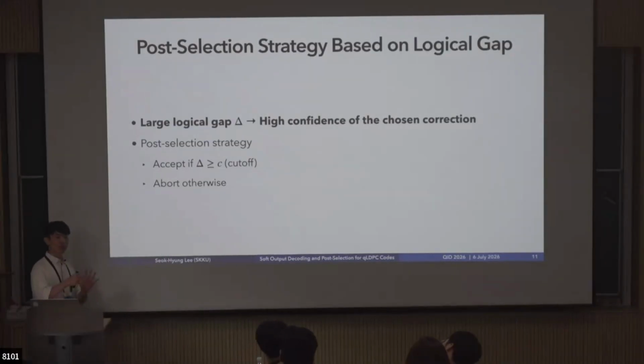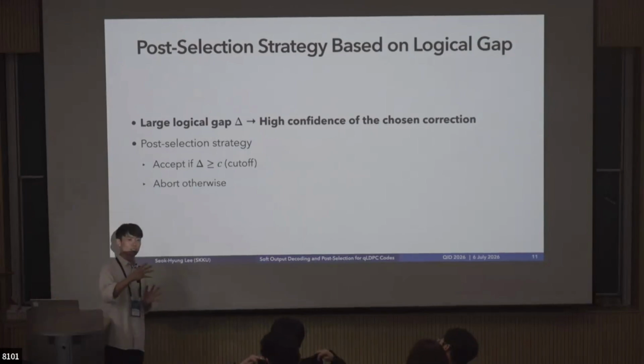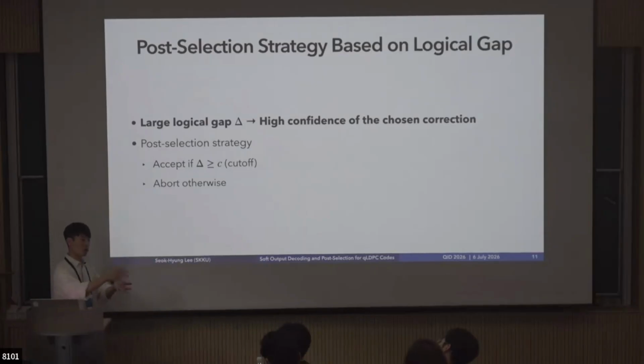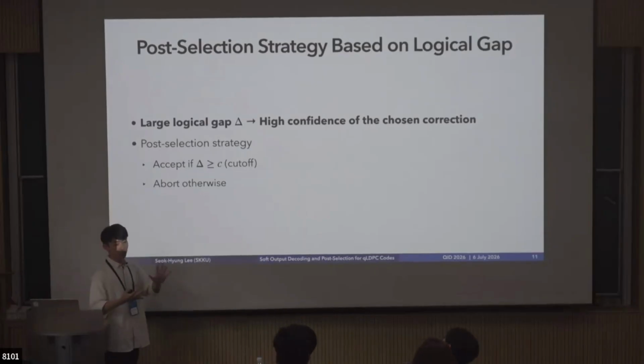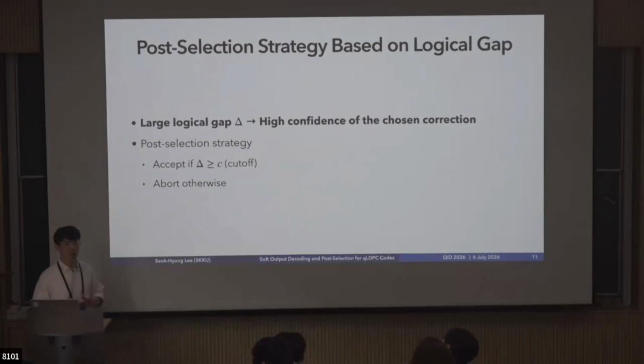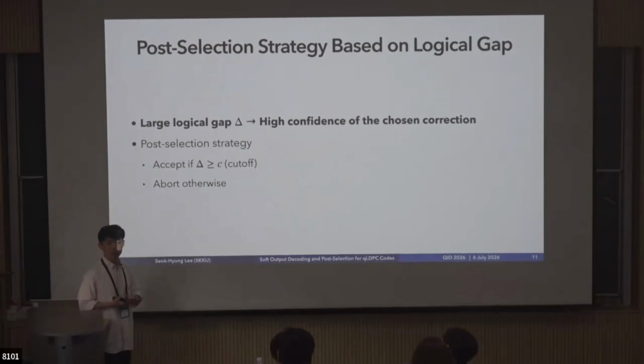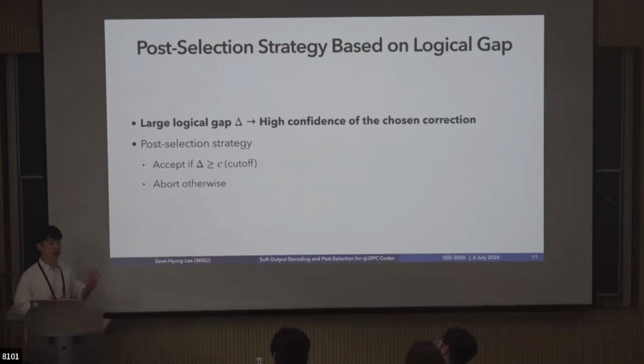But there could be more room to improve. There might be a very good strategy that considers only a polynomial number of logical classes. I will introduce some recent work from IBM about fixed forced gap, which partially uses that idea to optimize the strategy.